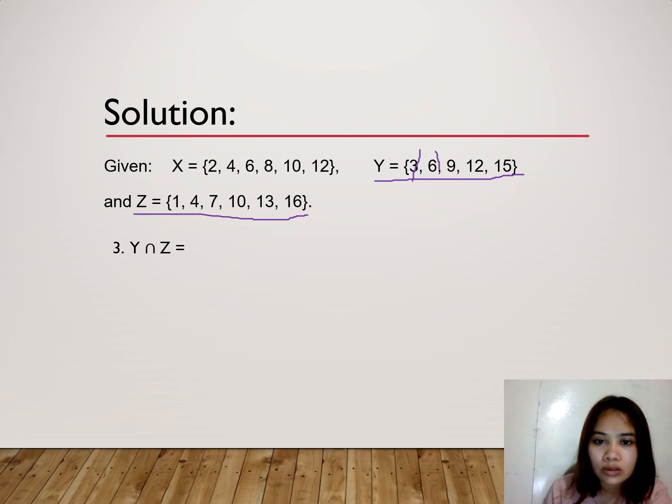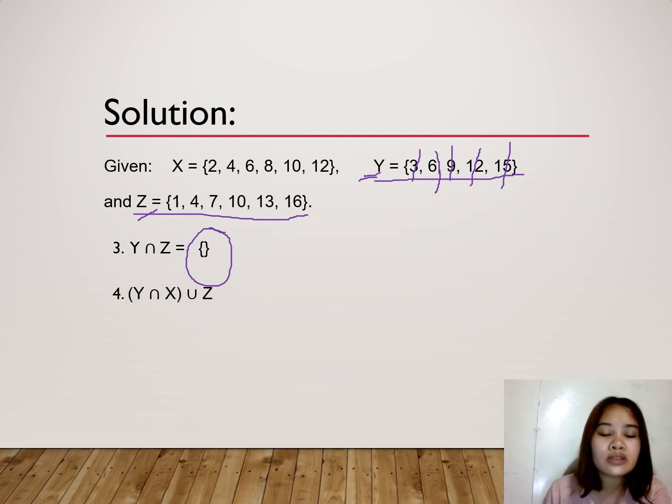No. Do we have 9? No. Do we have 10? No. Do we have 12? No. Do we have 15? No. So, null set or empty set. Kaya walay common sa Y and Z. So, we will just use this symbol.